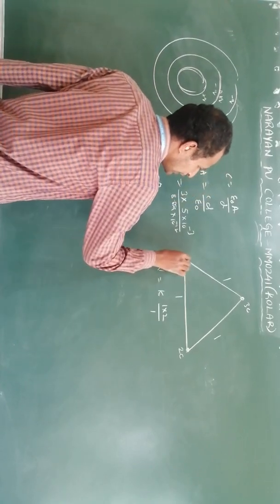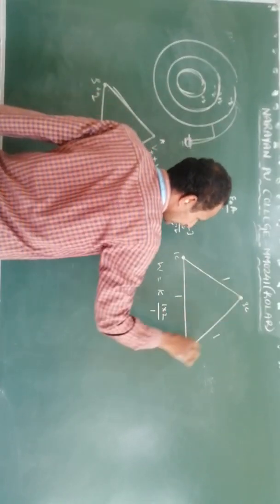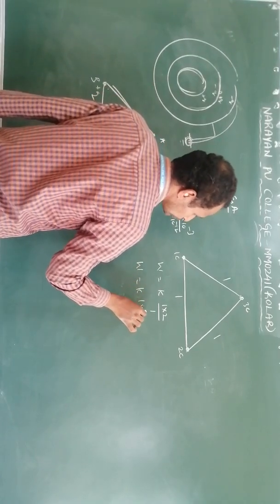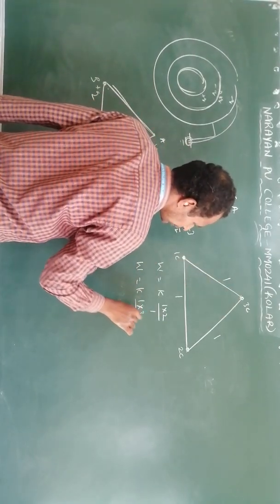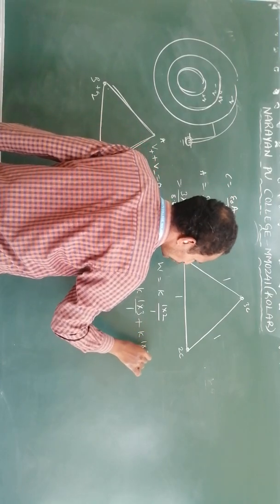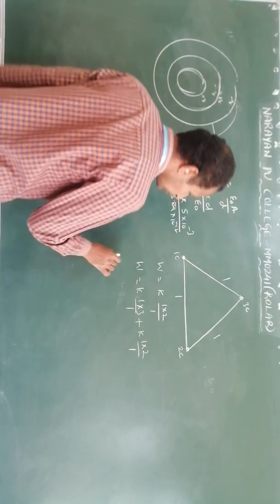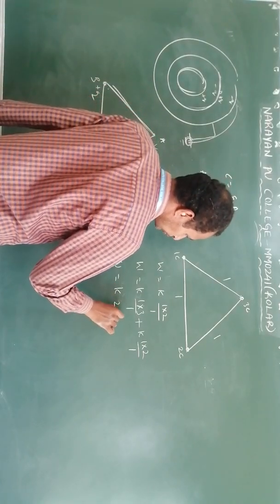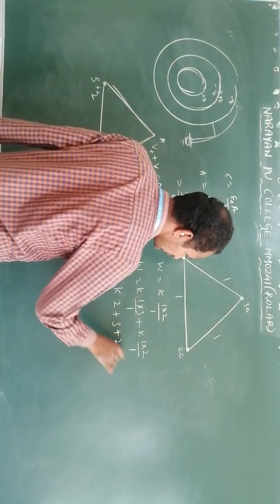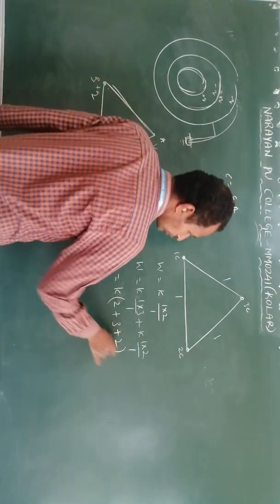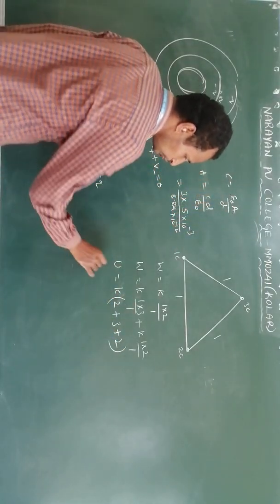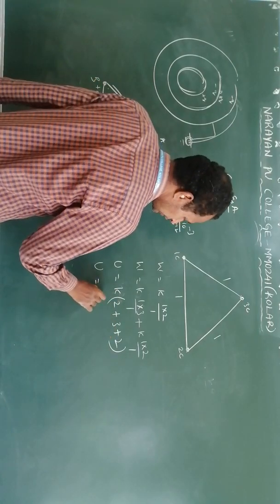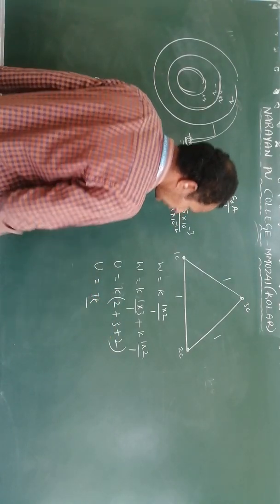Work done against this and work done against this. So W is equal to K into 1 into 3 by 1 plus K into 1 into 2 by 1. Now the total work done stored in the form of energy is K times 2 plus 3 plus 2, by 1 is common. So you will get U is equal to 4 plus 3, 7K.